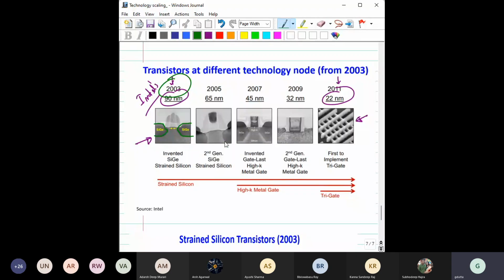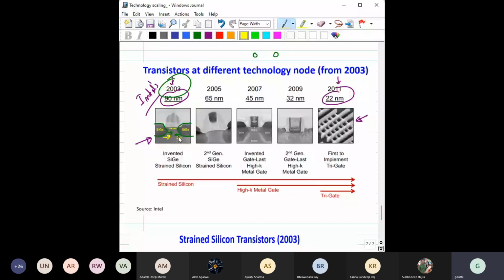Lattice constant means the separation between two atoms, compared to silicon. You understand what I'm trying to say. Suppose this bench can accommodate 5 students. If I now add one more student, what will happen? It will create a pressure, like stress, for those sitting in the middle. You can see this stress has been marked here, right? And that will improve the mobility.